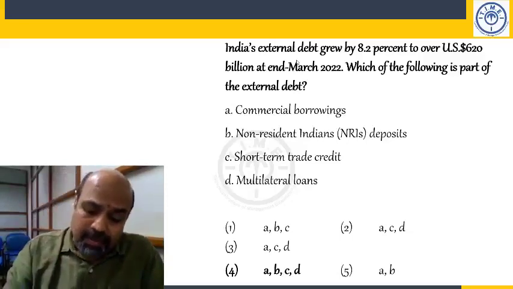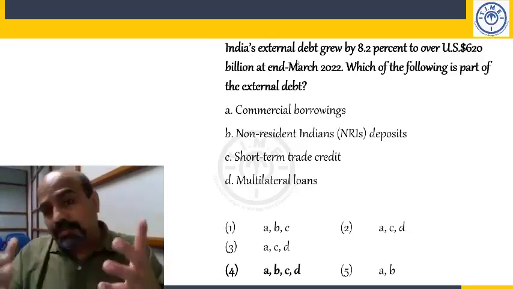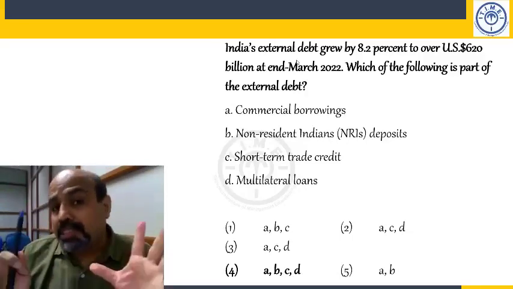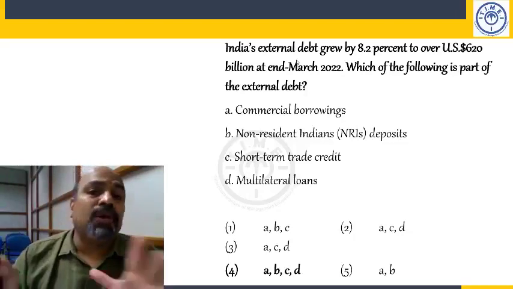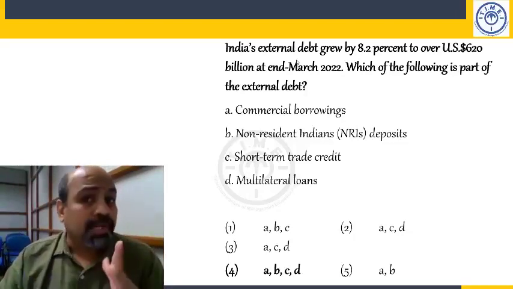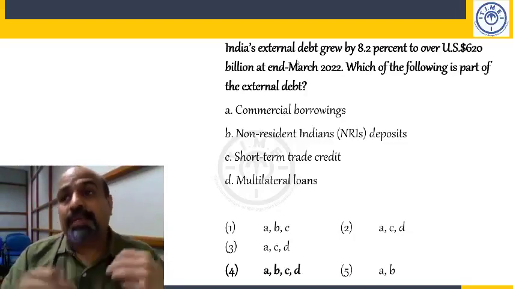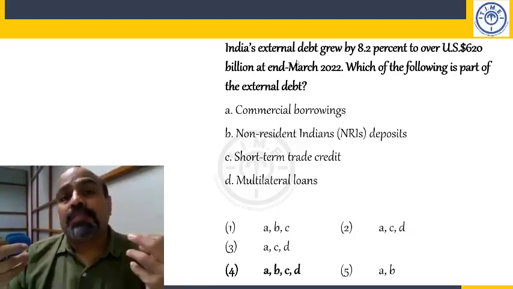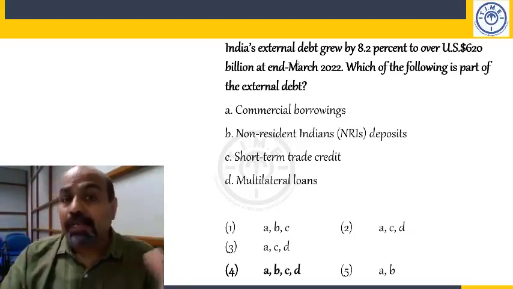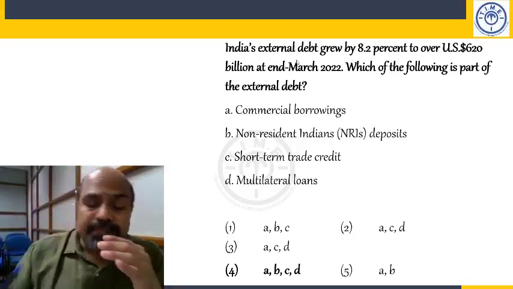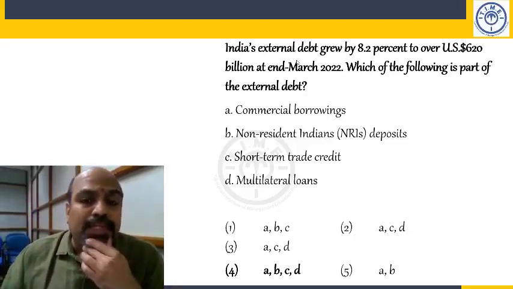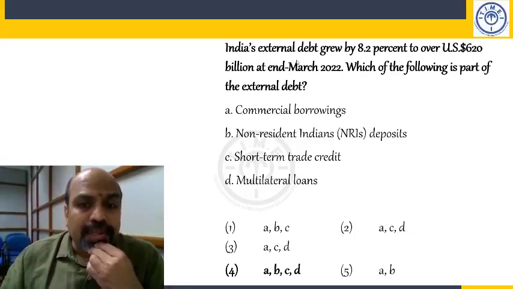Fair? Number three. Now, what are the components of this? I mentioned that this is not the money the government of India owes, at least not the total money the government of India owes to the world outside. This is the money owed by Indians, including the government of India. Right. External commercial borrowings. You look at the choice here, commercial borrowings mentioned.